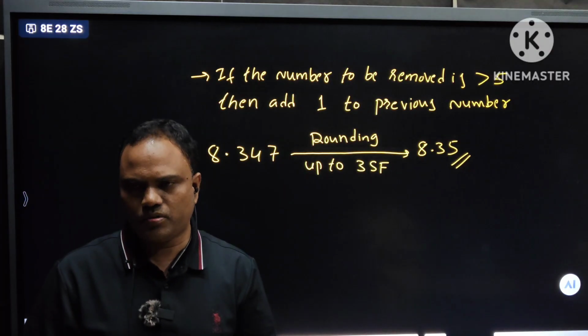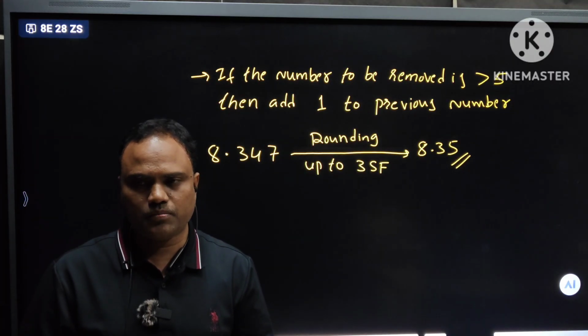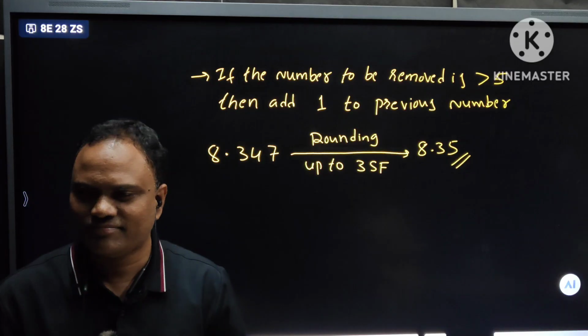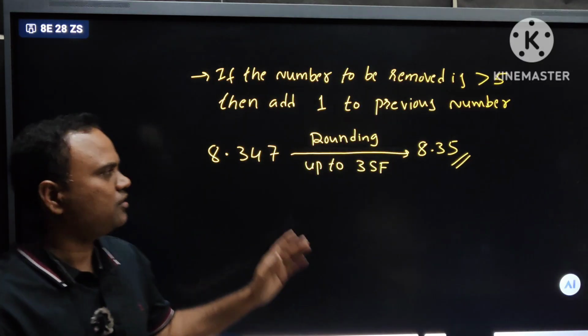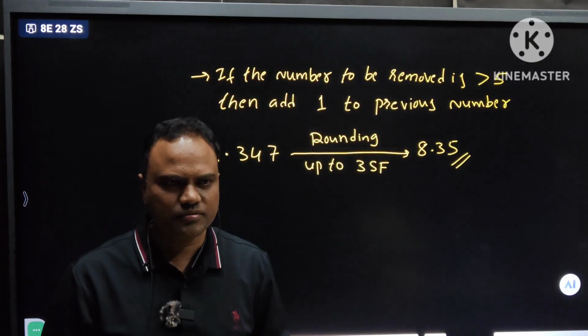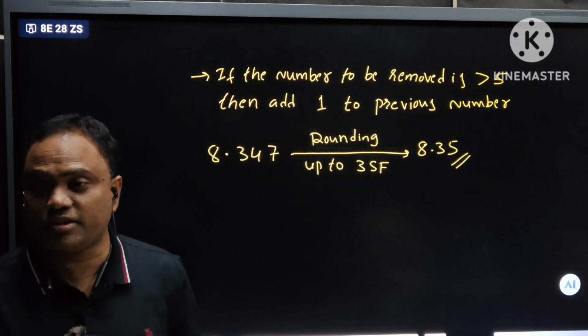Next, very, very important. The number to be removed is 5. For example, we are going to remove 5. We discussed less than 5 and greater than 5.